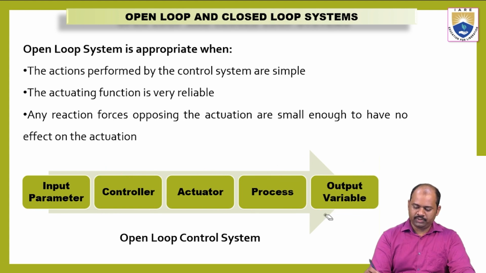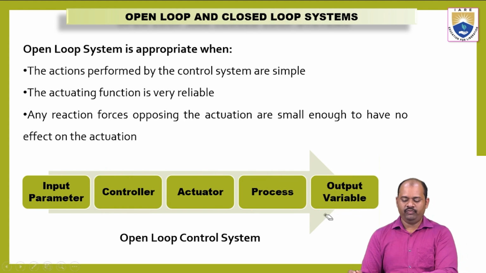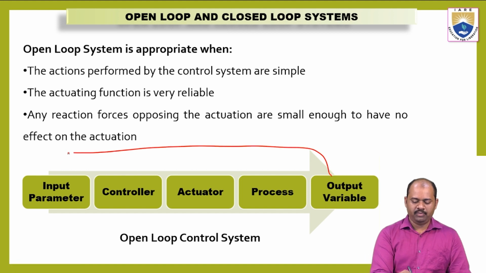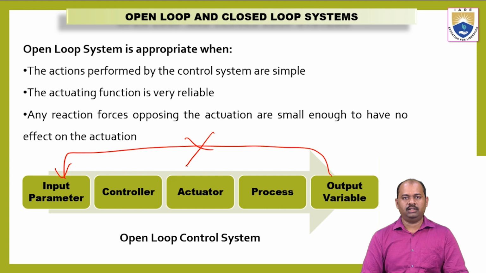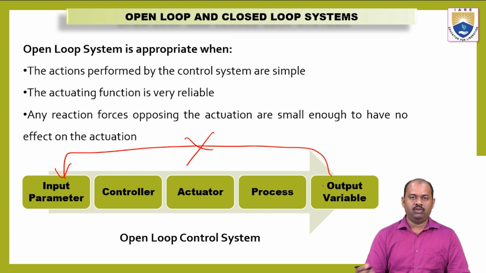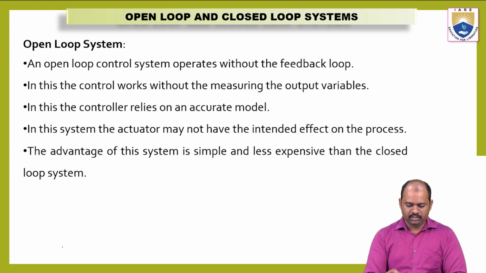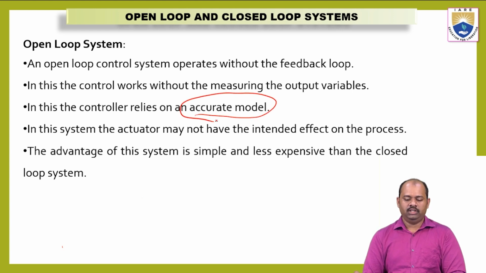So this is the open loop system where the output variable and input parameters are not connected. These two are not connected. So whatever the output is, we don't rely on the output information, because we consider, as we saw in the previous slide, that this is an accurate model.